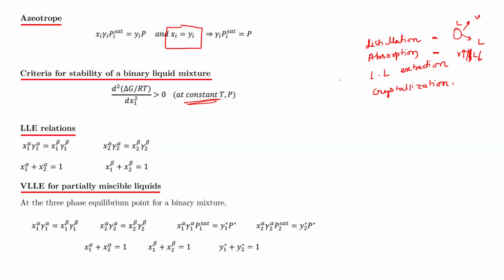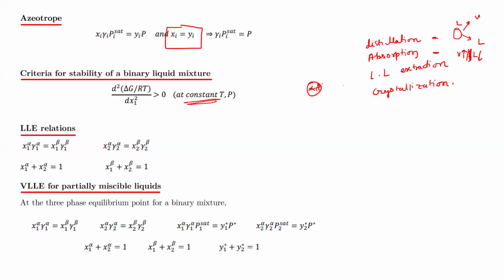And coming to liquid extraction, there is, for example, an alpha phase and a beta phase, and there is a liquid mixture. And we will have some gamma here.